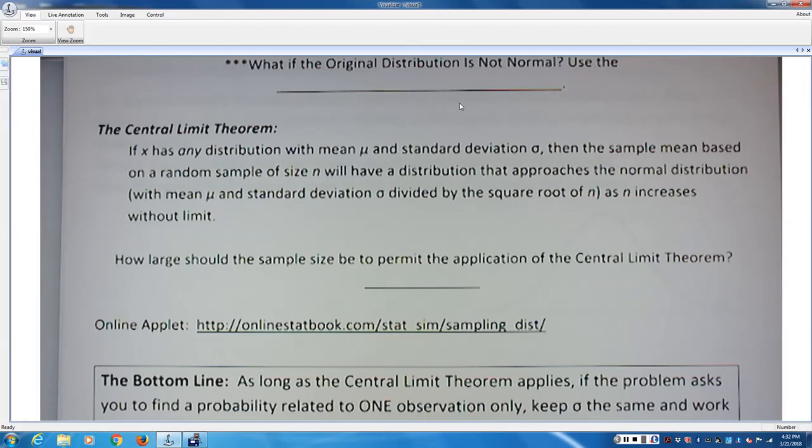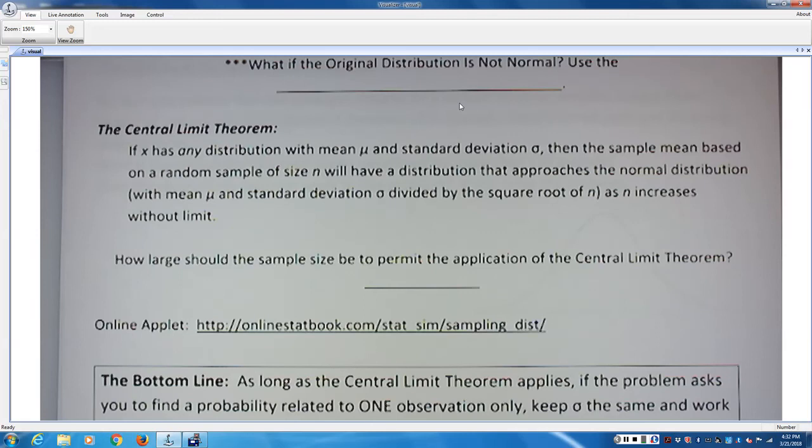Central limit theorem says if x has any distribution with a mean mu and the standard deviation sigma, then the sample mean, based on a random sample of size n, will have a distribution that approaches the normal distribution with the same mean and standard deviation, but the standard deviation has to be divided by the square root of n, as n gets larger and larger and larger. It's more normal for larger samples and less normal for smaller samples, but it still works.